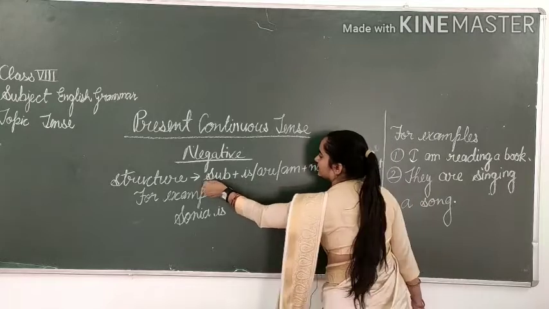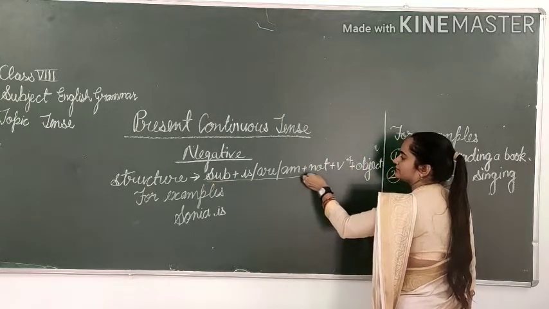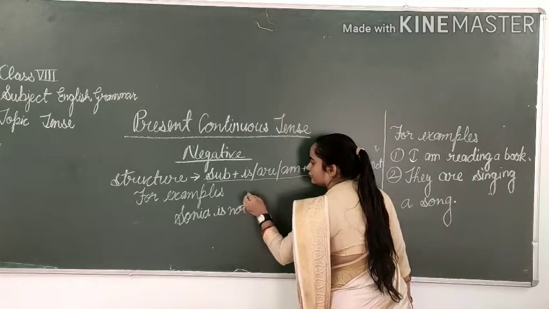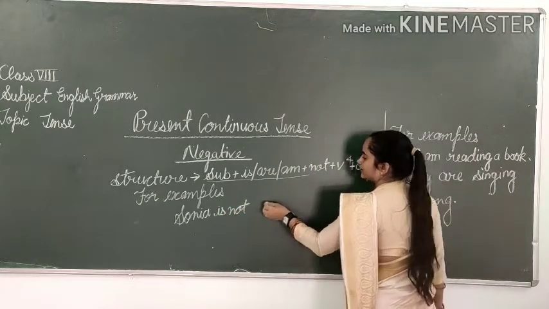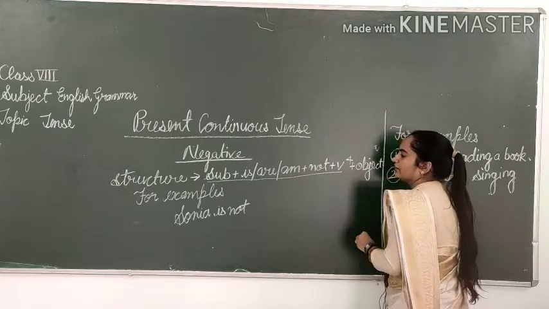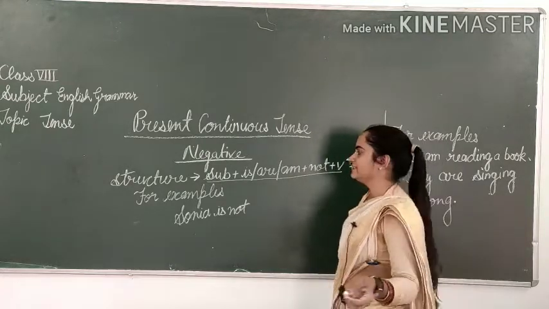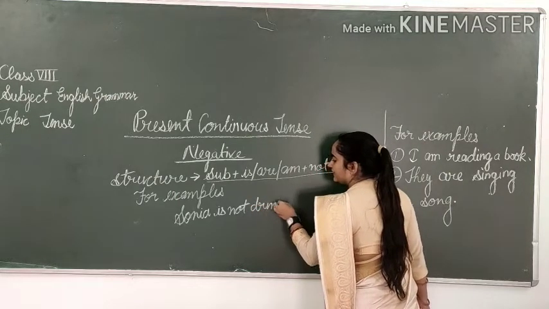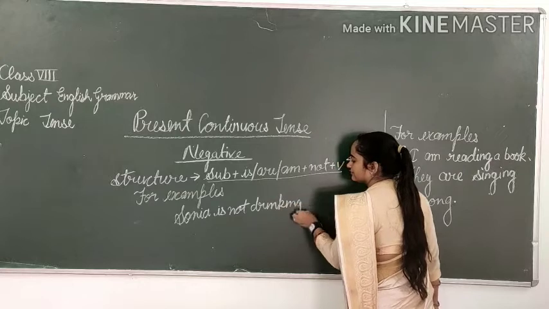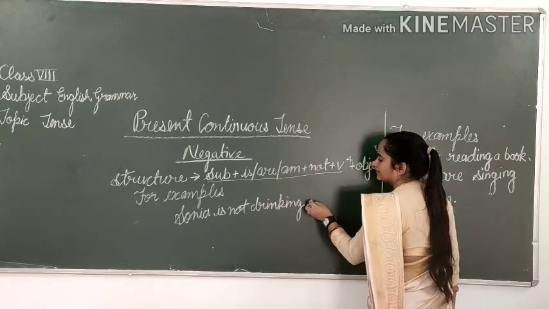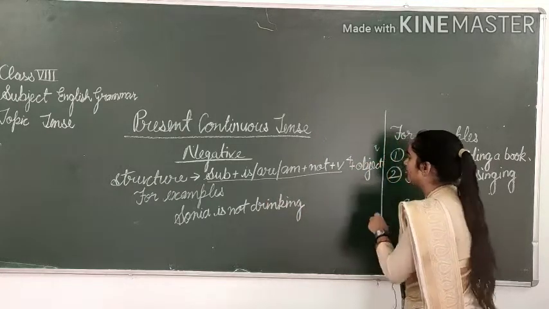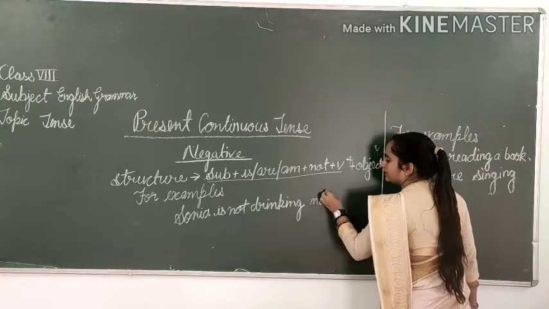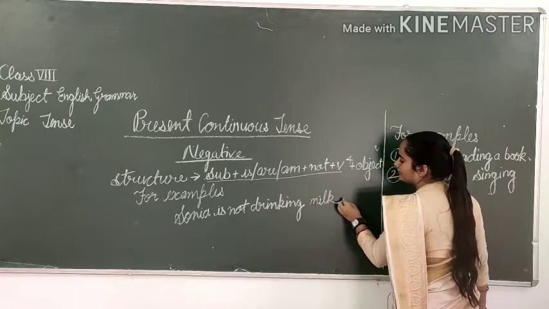Now we have completed our structure till here. Now not. Sonia is not. Now V4 means verb form with ing. Sonia is not drinking. Now add object related to the verb. Drinking milk.